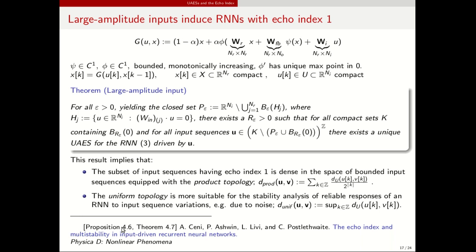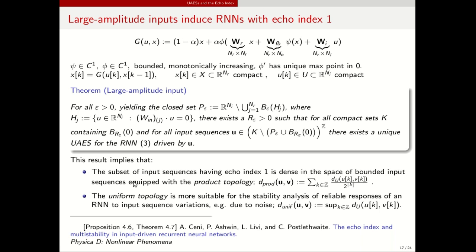What this result implies is that the subset of all input sequences having echo index 1 is dense in the space of all bounded input sequences equipped with the product topology.